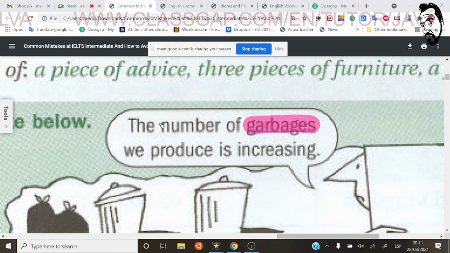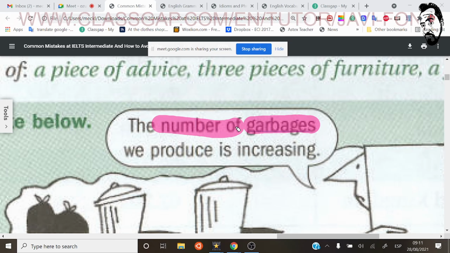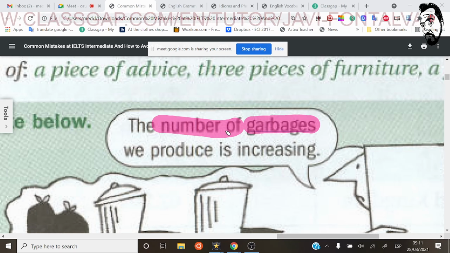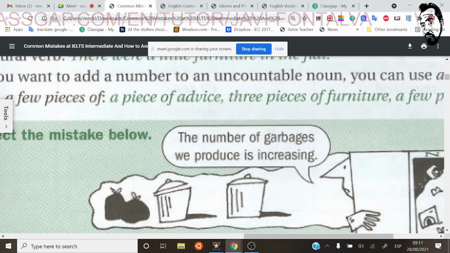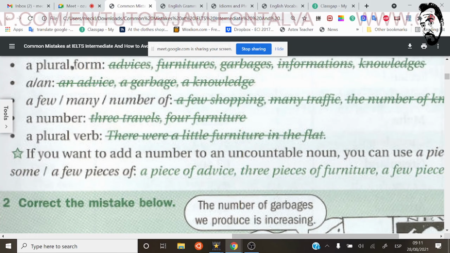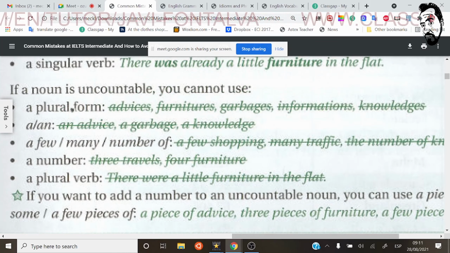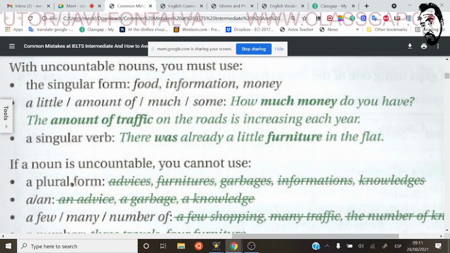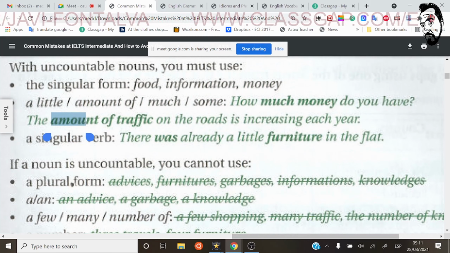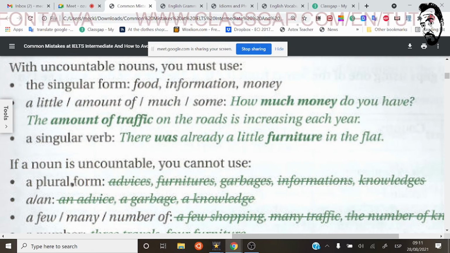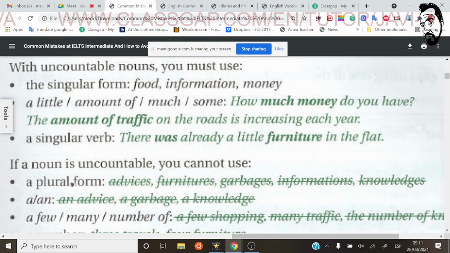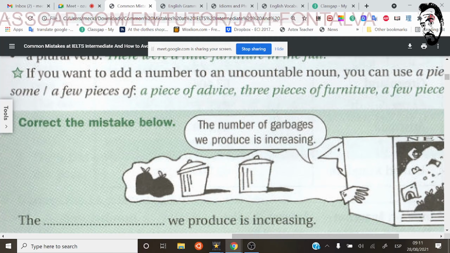So you cannot use the number of garbage either. This is incorrect. You can use the amount of garbage. Let me show you. The amount of garbage we produce is increasing.